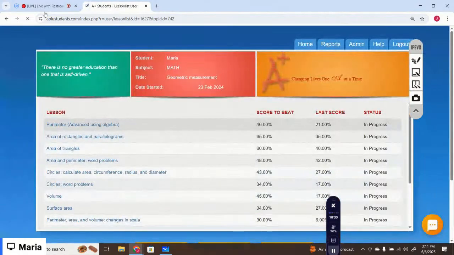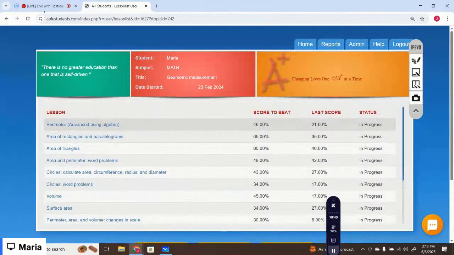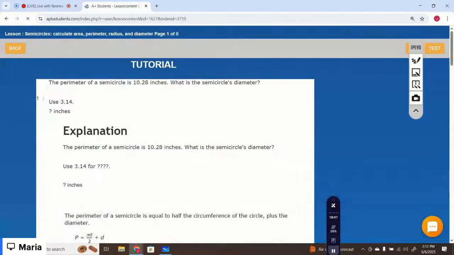The next lesson is semicircles: calculate area, perimeter, radius, and diameter. The perimeter of a semicircle is 10.28 inches.